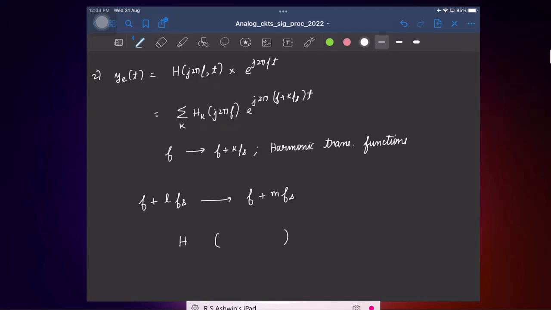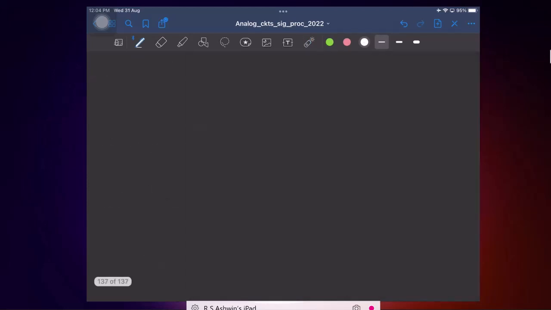It should be H of m minus l, evaluated at f plus l fs. So again, this is basically the input frequency, and what you write in the subscript is the difference between these. That's all.